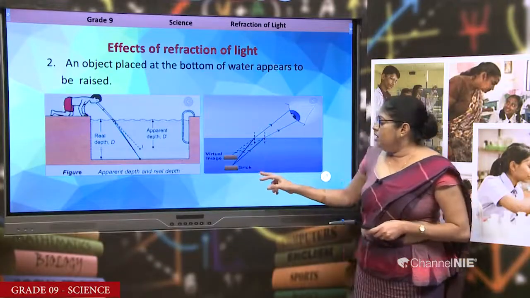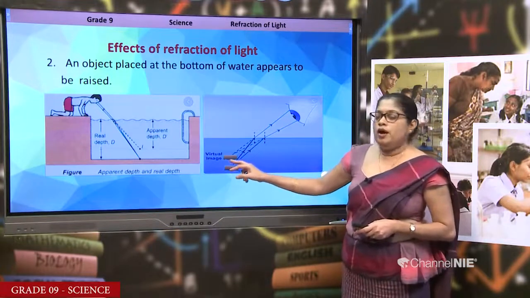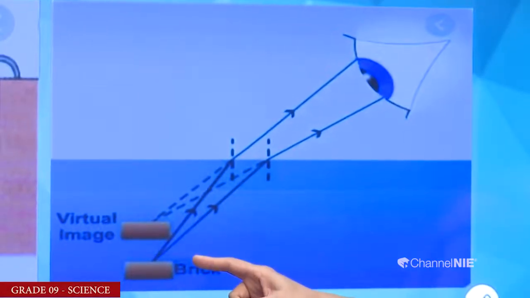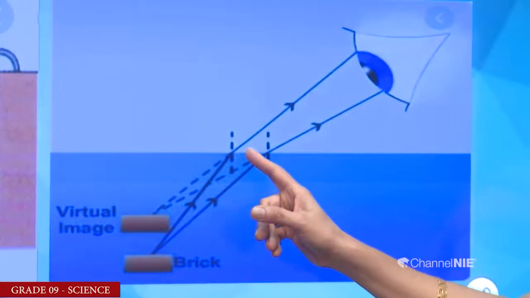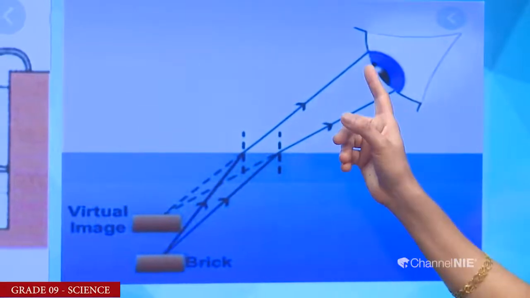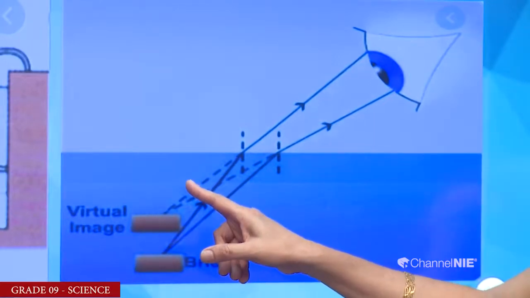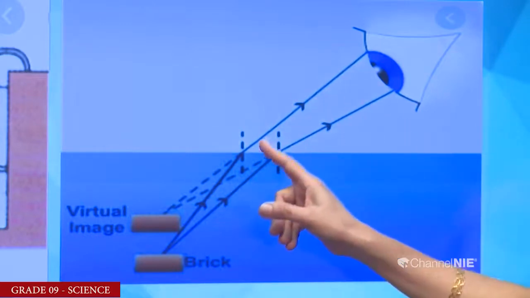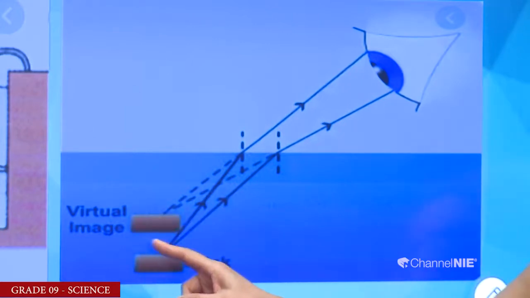In this diagram, you can see a brick at the bottom of a water tank or swimming pool, and two light rays emerging out of it and bending away from the normal, because these light rays are travelling from a denser medium to a rarer medium. If you extend these refracted light rays behind, you will get the image.